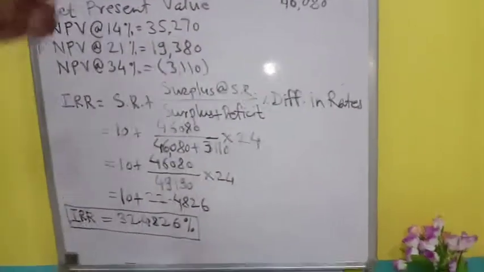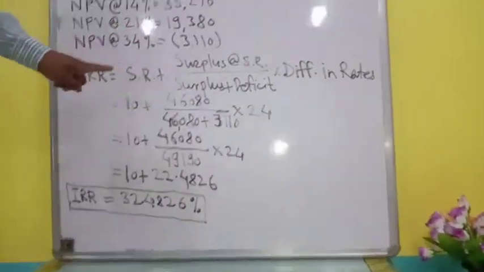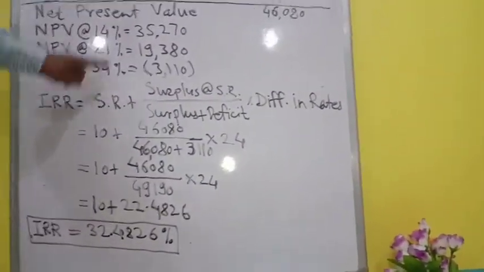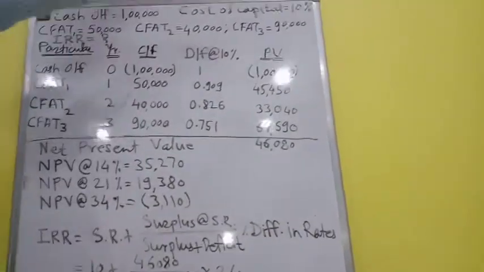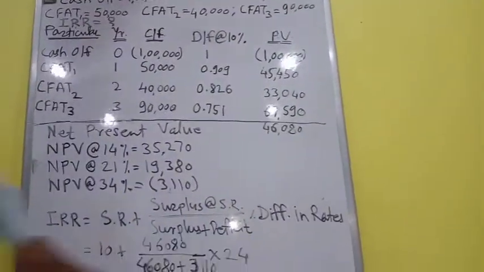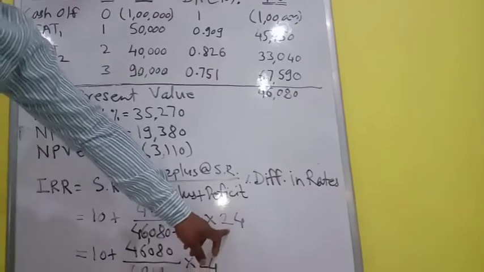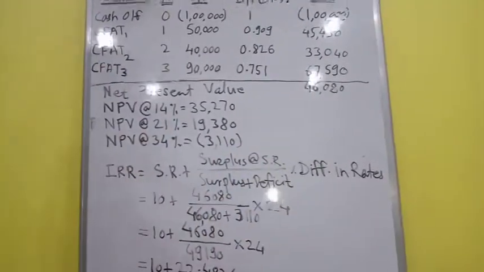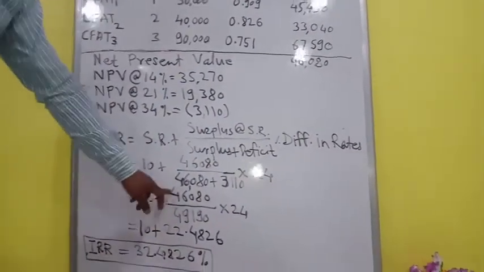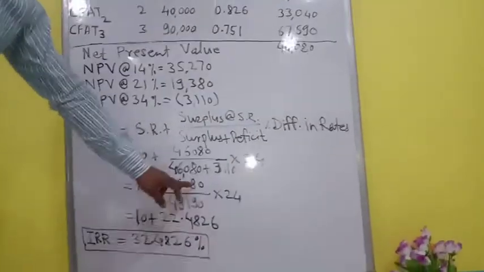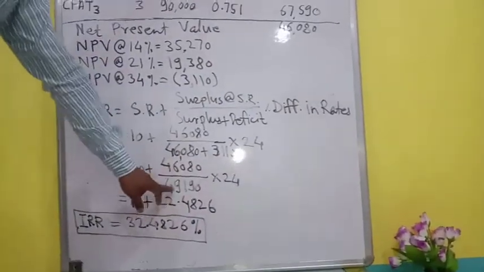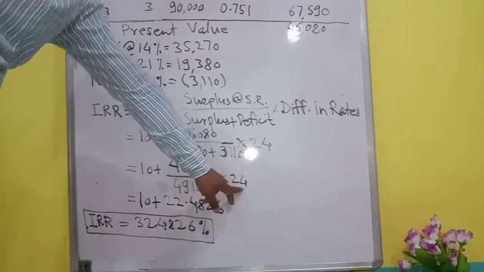Positive NPV was at 10% and negative NPV was at 34%. So the difference between 34% and 10% is 34 minus 10, that is 24. So I have written 24 over here, and then there is simple calculation. 10 plus 46,080 divided by the addition, which comes to 49,190, multiplied by 24.